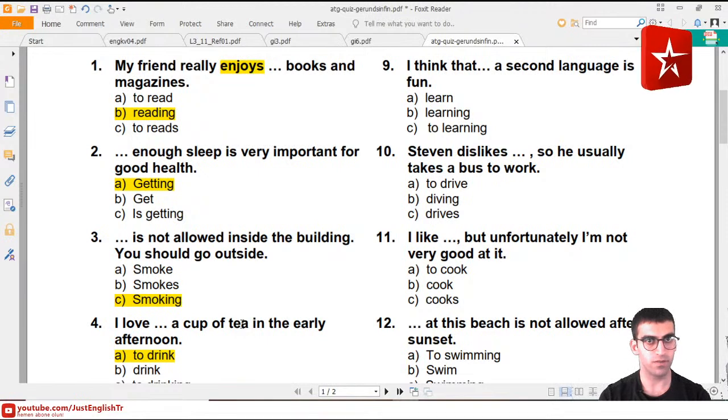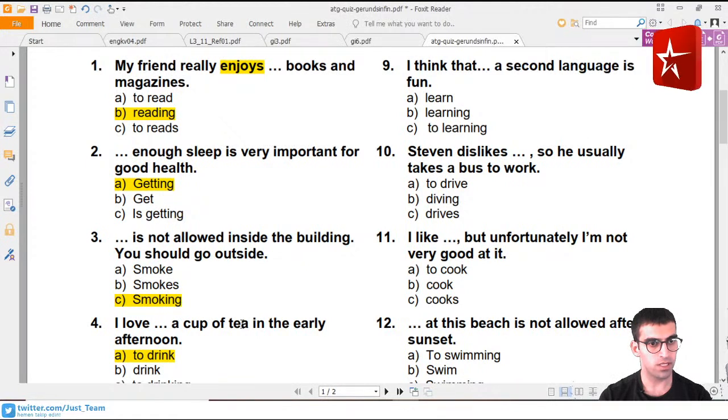Which one is correct for number 9? They say learning. Okay, we will see. Let's wait for others. I won't say the correct answer until they write their answers here.